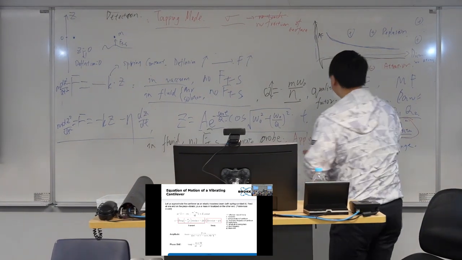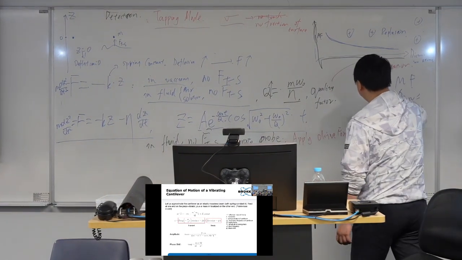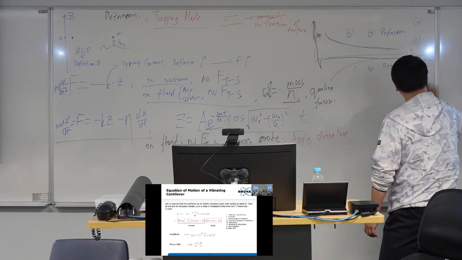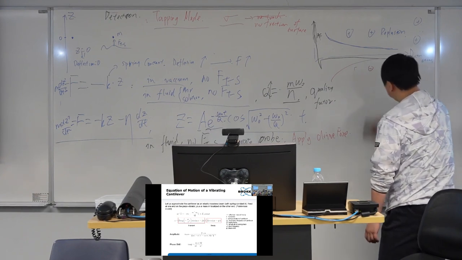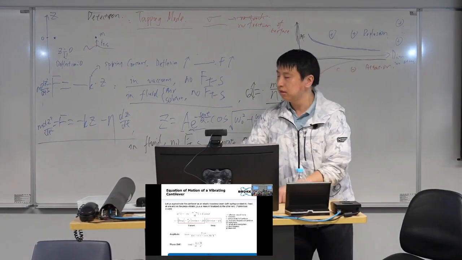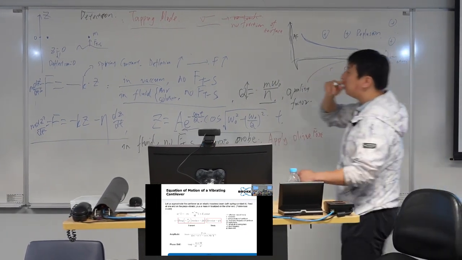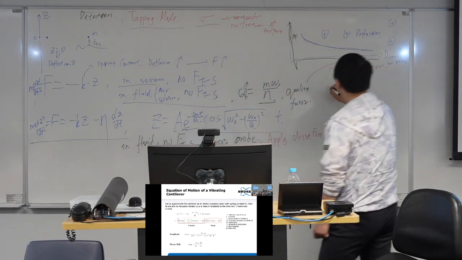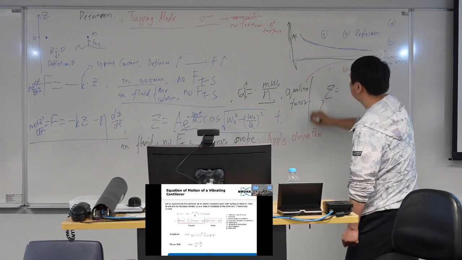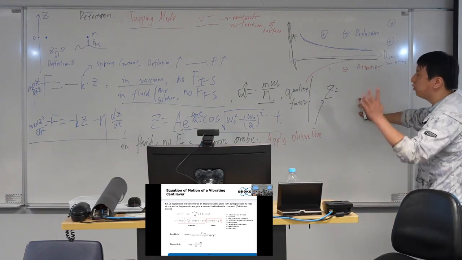So from that, we can draw it something like that. So now the probe has two solutions.